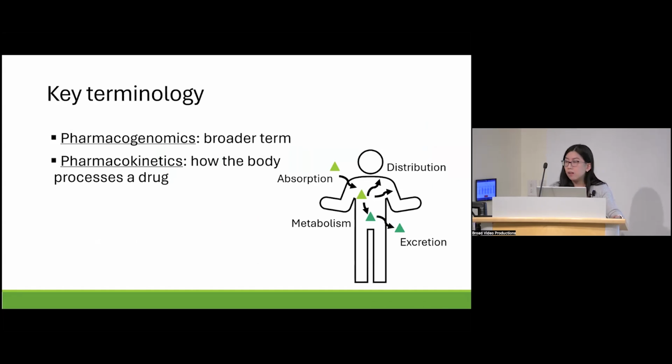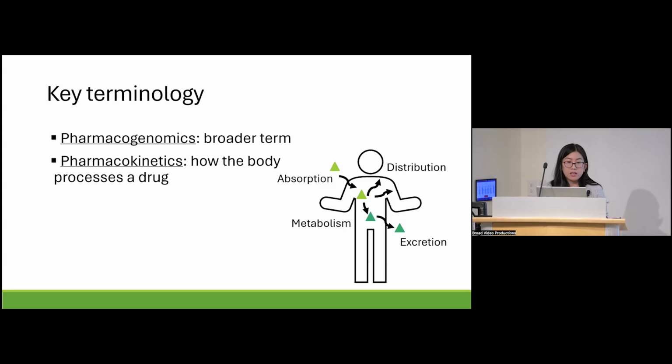So here's some key terminology. We use the term pharmacogenetics as well as the broader term pharmacogenomics, which refers to genome-wide methods and approaches that help decipher response to medications by genetics. We'll use these terms interchangeably.